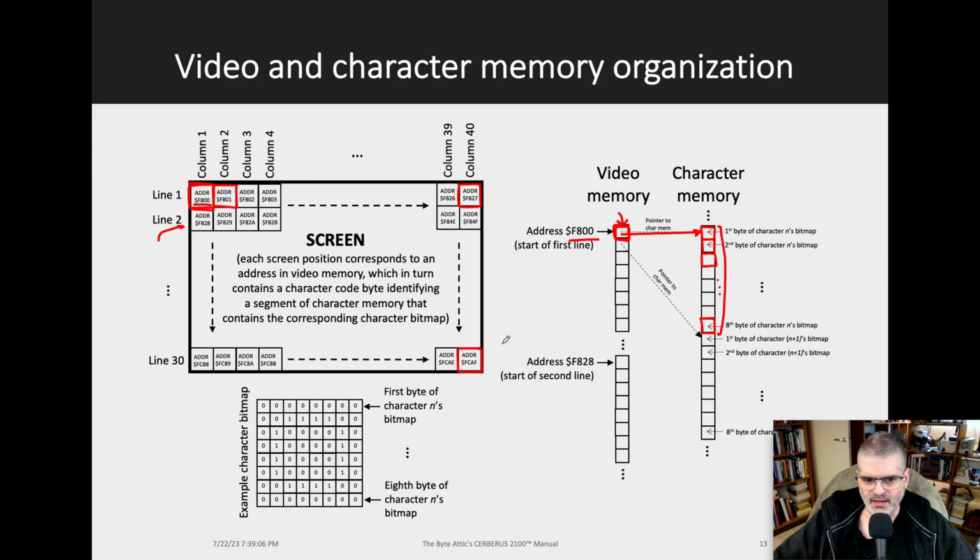Now why 8 bytes? Well, we can see it here. Each character bitmap has 8 lines of 8 bits each. Each bit can be a 0 or a 1. When it's a 1, it means that the corresponding pixel is filled or lit, like here as well, and so on.